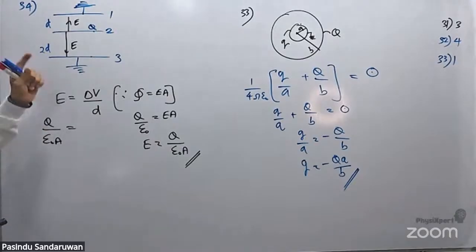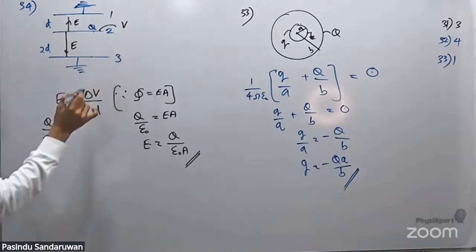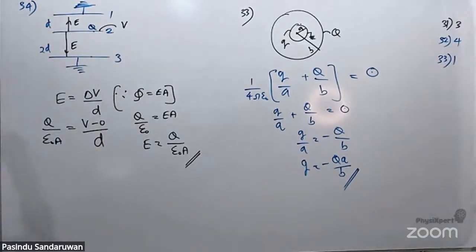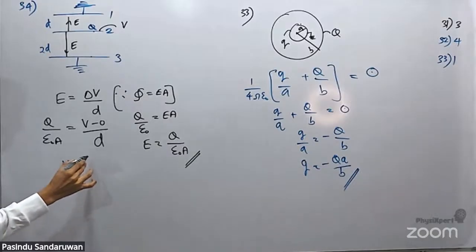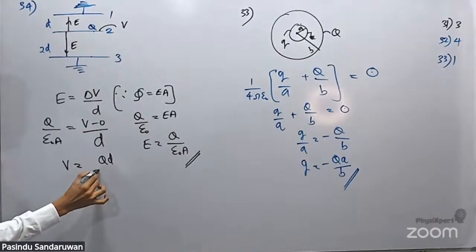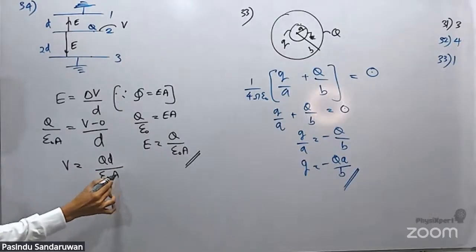Then, if I use the upper plate, let's assume this is V, then V minus 0 over D. Then from that side, V equals what? QD over epsilon naught A, right? QD over epsilon naught A.